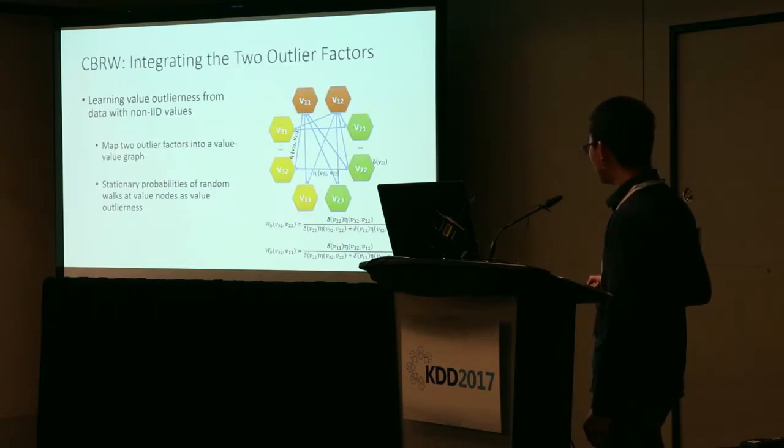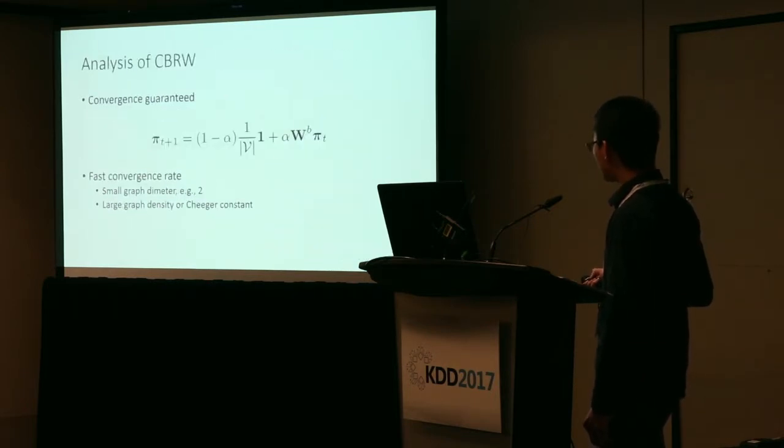Previously we have this transition probability matrix, and this part is the visiting probability vector. For a graph with n nodes, the total number of cells in this vector will be n.